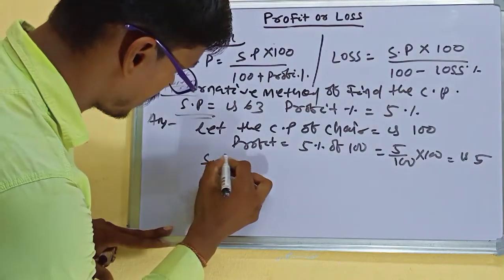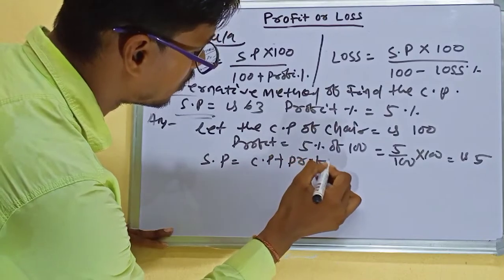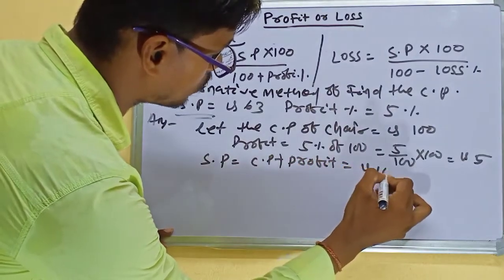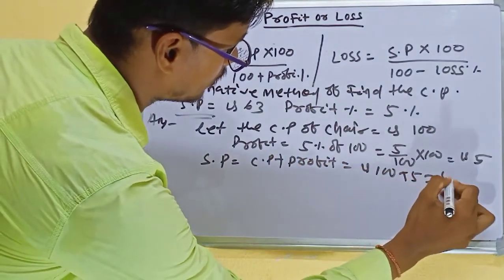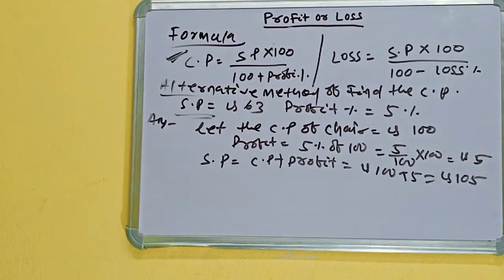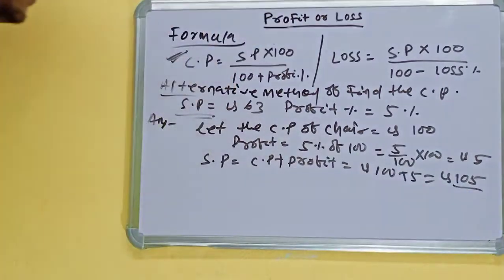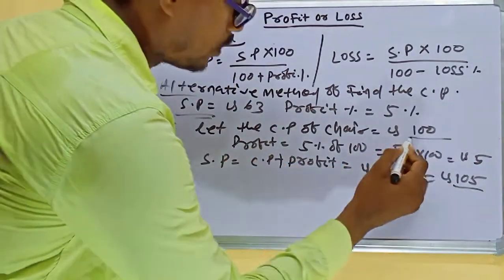Then SP is equal to CP plus profit, which is rupees 100 plus 5, equal to rupees 105. Here SP is 105 when CP is 100.